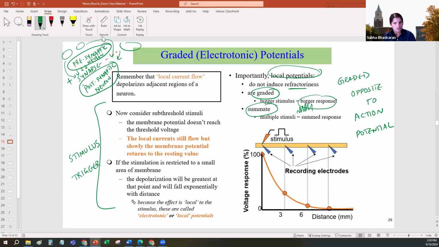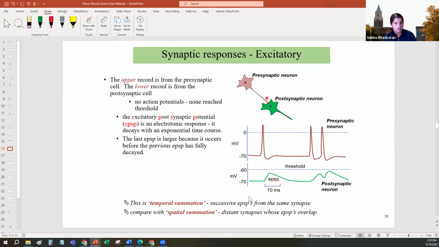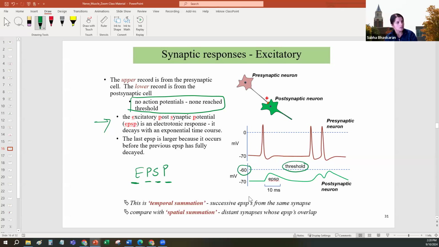Okay, so just going over this, I'm just going to point out this. Now this is EPSP. What does EPSP stand for? Excitatory postsynaptic potential. Let's say this is a threshold, correct?